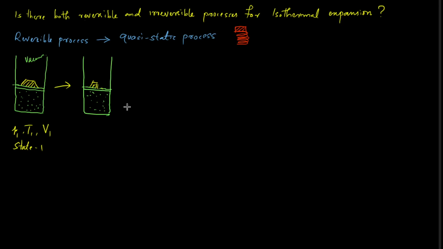So suddenly what happens is that it throws the system out of equilibrium, because the pressure exerted by the gas molecules was in balance with the weight. Now the weight is suddenly reduced to half. So the pressure force will try to lift the piston out of the cylinder.